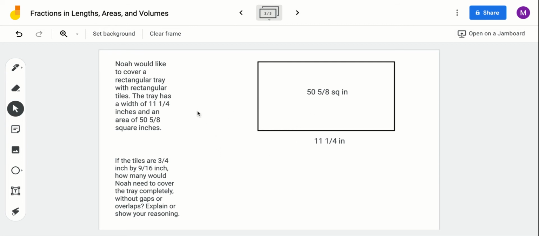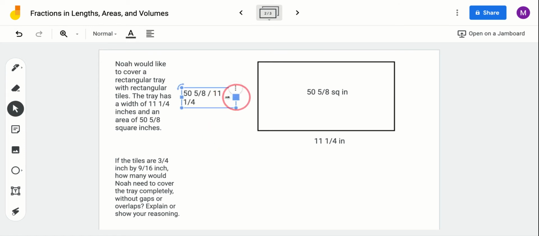And so our division problem, of course, I have to click on the text tool. Our division problem is 50 and 5/8 divided by 11 and 1/4.